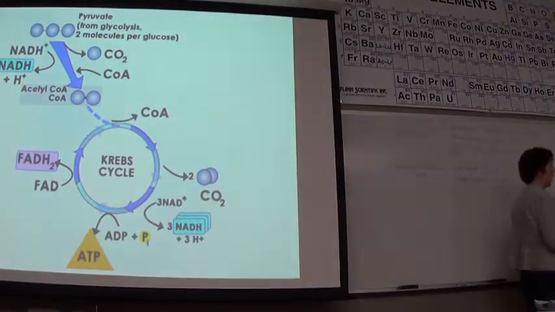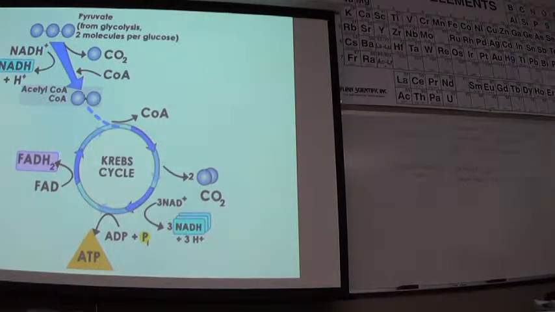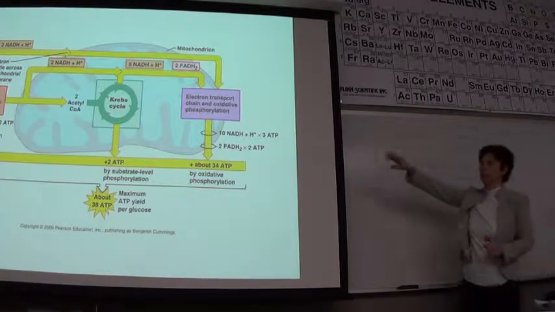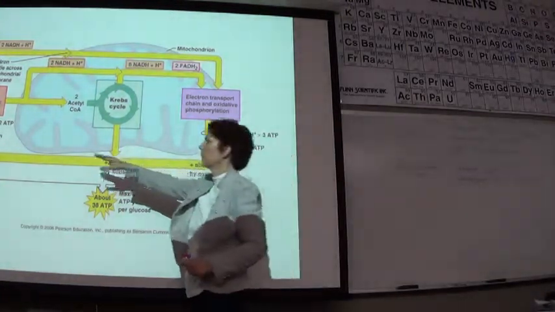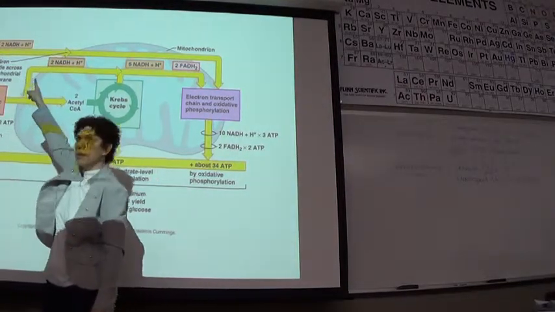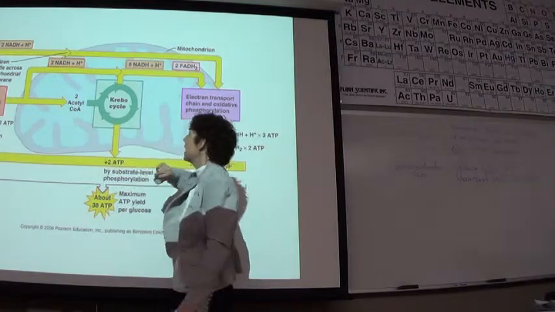Now we're ready for the 3rd step. So we've done glycolysis, which gave us actual ATP, but sent electrons via the NADH.